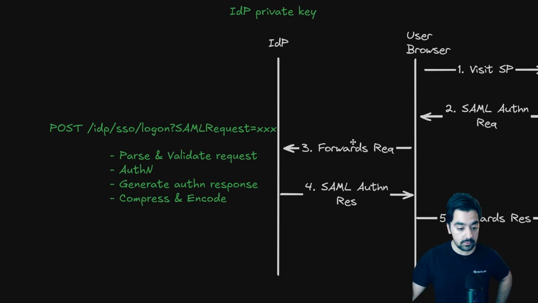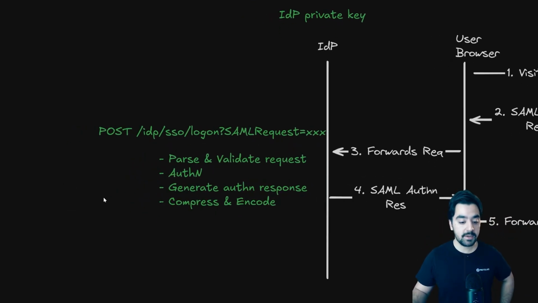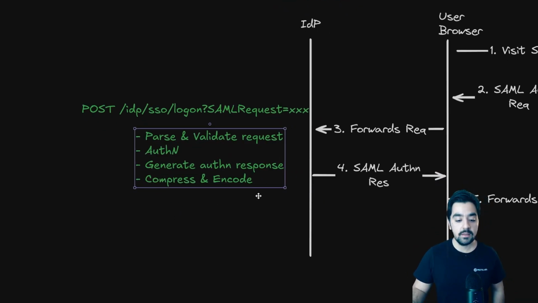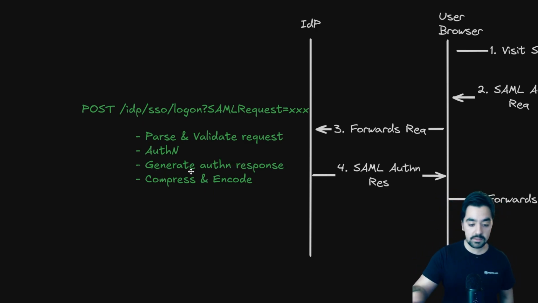They do a normal authentication flow with the username and password, comparing the password with the hashed password that they have stored in the user base. Based on that, they generate an authentication response and sign it with their private key. So this signing with the private key is part of generating the authentication response.